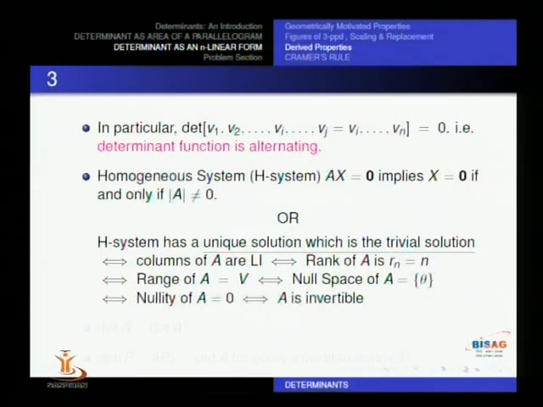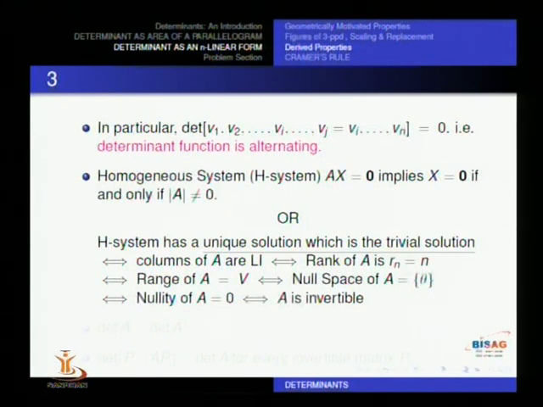This can be said another way: the homogeneous system, which we will call the H system, has a unique solution, which is the trivial solution, if and only if the columns of A are linearly independent, because if they are dependent we'll get 0 as the value of the determinant, and so the earlier statement will become false, because if and only if is implied only if the determinant is non-zero. So the H system has a unique solution which is the trivial solution if and only if the columns of A are linearly independent.